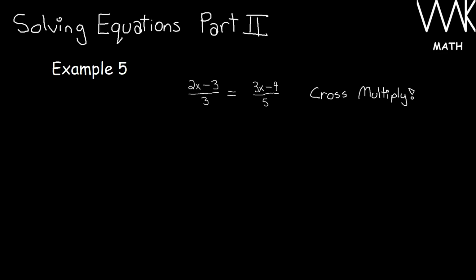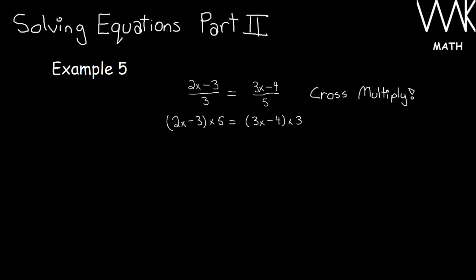In other words, the top of the left side multiplies the bottom of the right side is equal to the bottom of the left side multiplies the top of the right side. So in this case, if we use cross multiply, the next step will look like 2x minus 3 in brackets multiplied by 5 is equal to 3x minus 4 in brackets multiplied by 3.